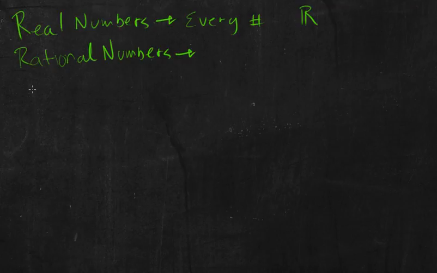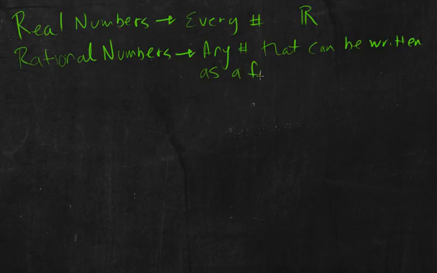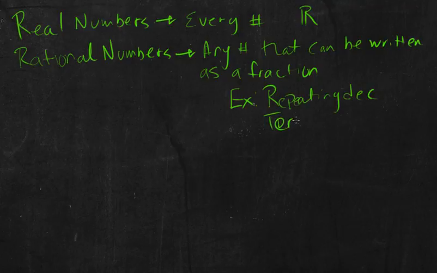So rational is one, and rational is any number that can be written as a fraction. An example of a number that can be written as a fraction is repeating decimals, and terminating decimals.